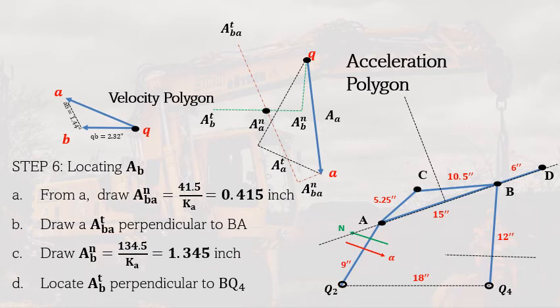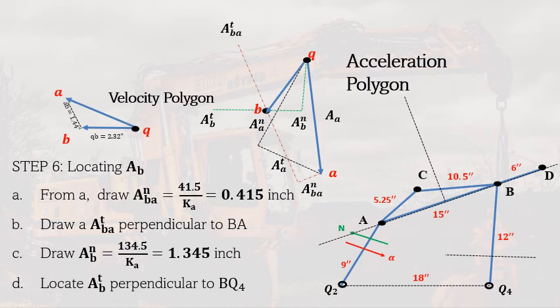So the intersection of these two tangential lines, the acceleration of B relative to A tangential and the acceleration of B tangential, represents the acceleration of B. How would we know that it is correct?